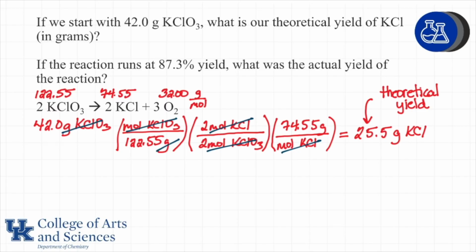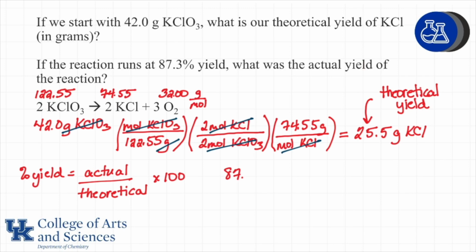Now I need to look at the second question. We know the percent yield. We're trying to find the actual yield. We know our formula, percent yield equals actual over theoretical times 100. I'm going to plug in the values I know. I have 87.3% equals my actual, that's what I don't know, over my theoretical times 100.